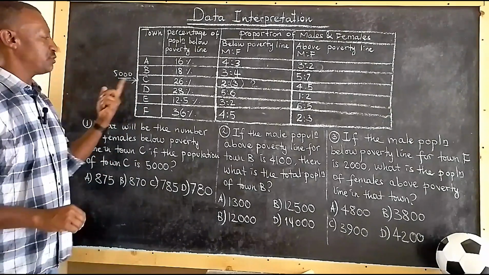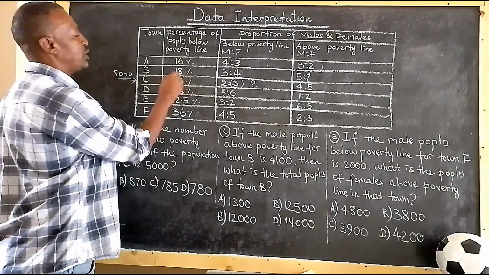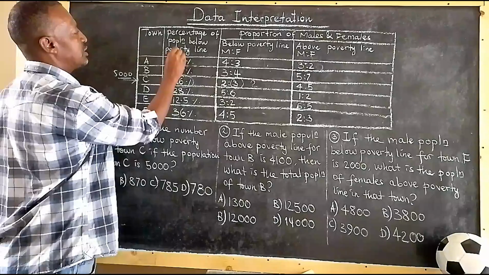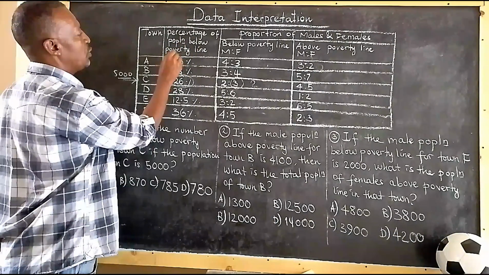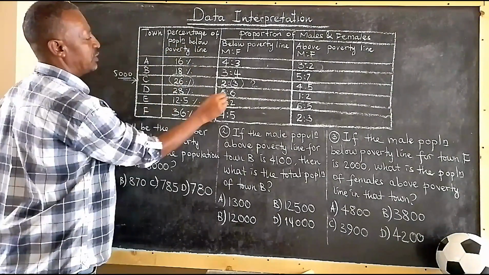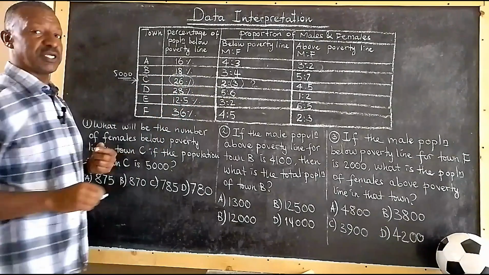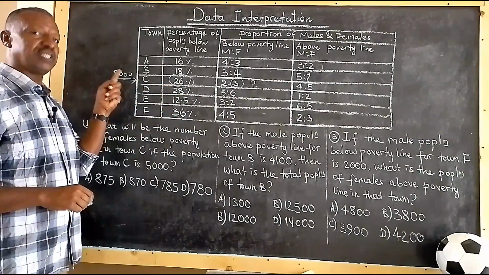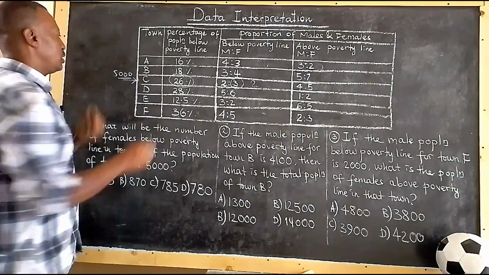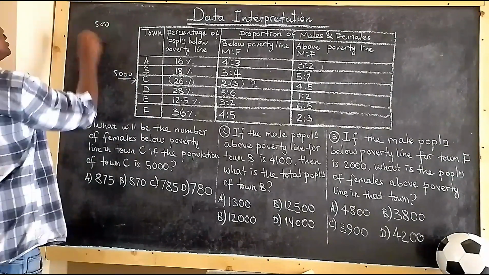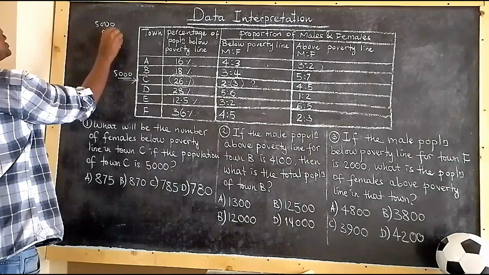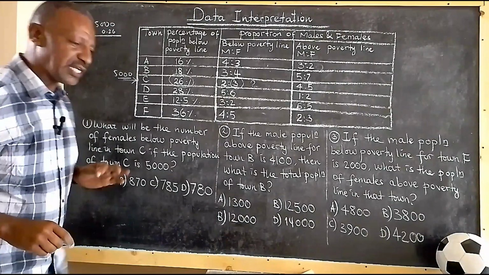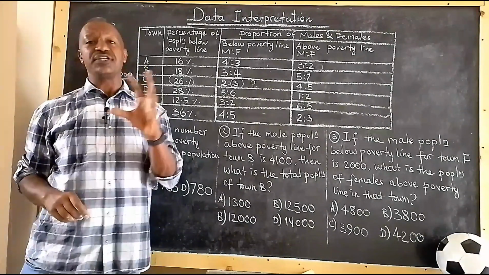If the total population is 5,000, you can see that 26% of the population belongs to below poverty line. What you have to do is simply extract 26% out of the 5,000 total population. Simply multiply by 0.26, which means 26%.